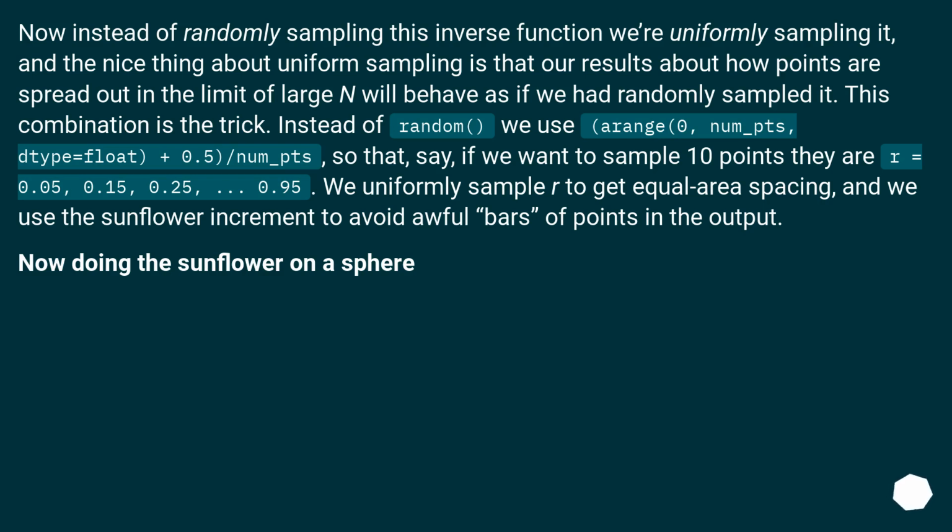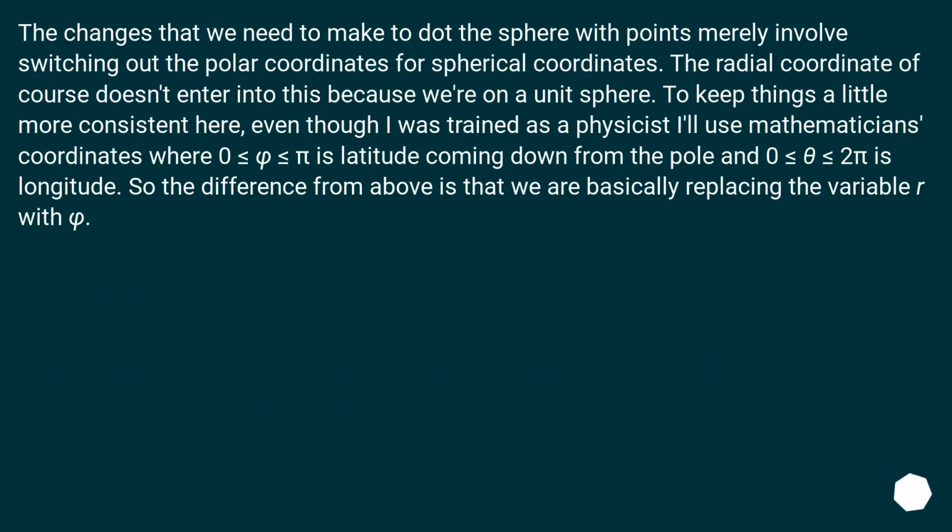Now doing the sunflower on a sphere. The changes that we need to make to dot the sphere with points merely involve switching out the polar coordinates for spherical coordinates. The radial coordinate, of course, doesn't enter into this because we're on a unit sphere.